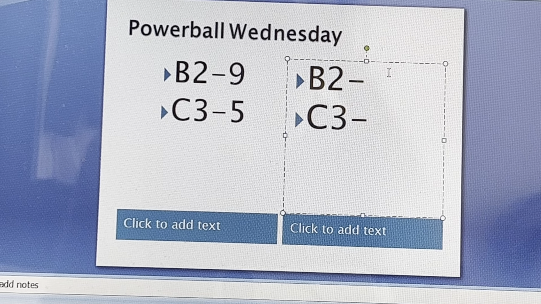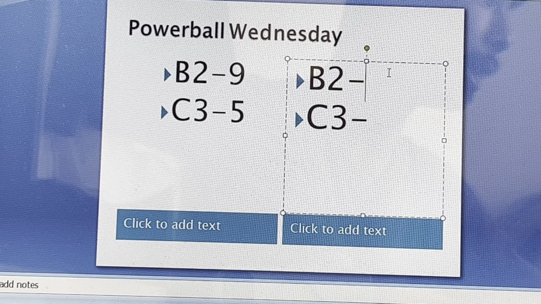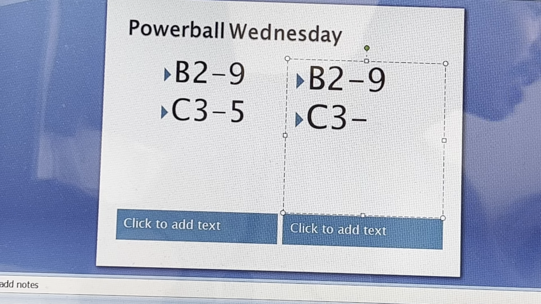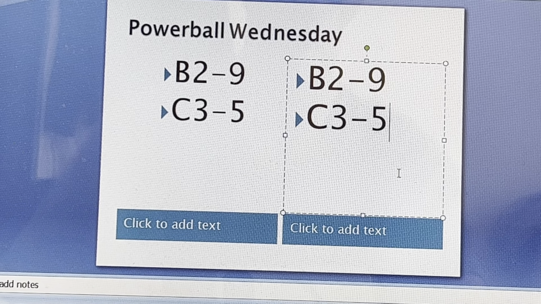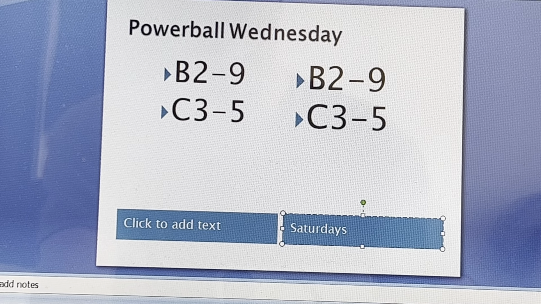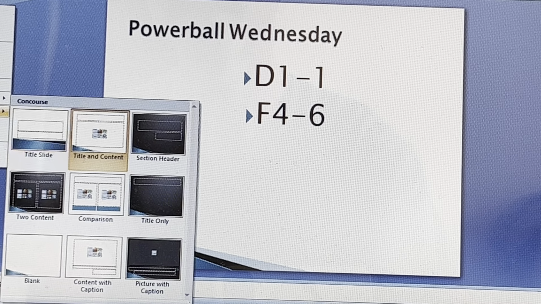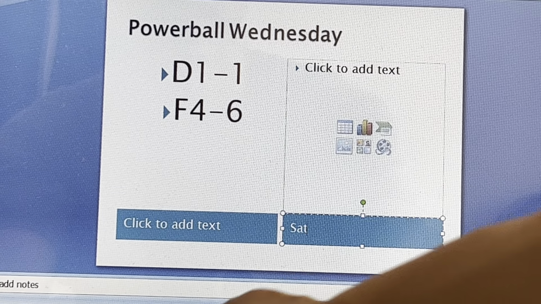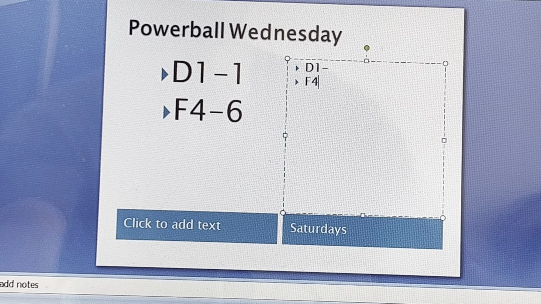Now if I look at B2 and C3, B2 I will have 9. And if I look at C3, I will have 5. So that's your Saturday's draw. And let's look at the next, D1 and F4.